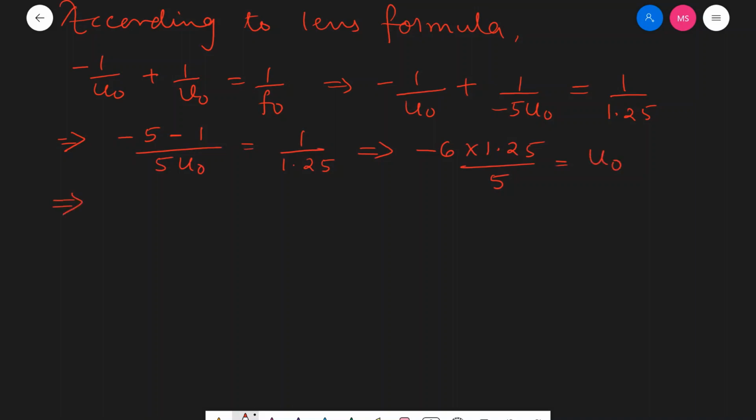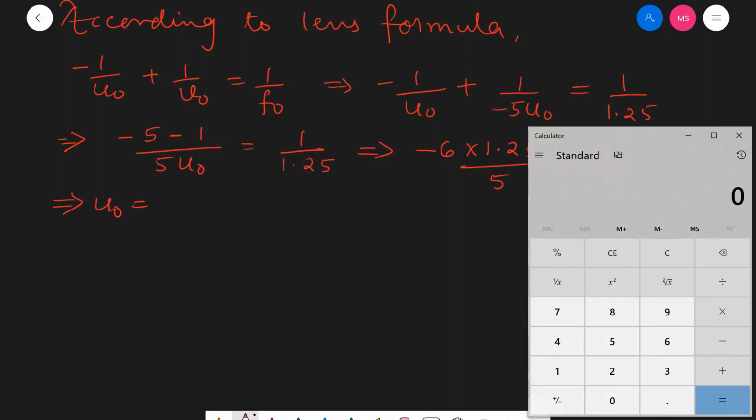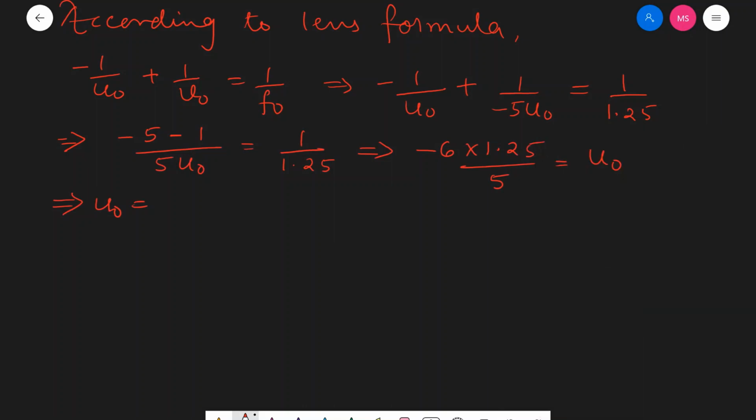So this implies that UO will be equal to 6 into 1.25 divided by 5. So that is 1.5, minus 1.5 centimeter. So you can say that object must be kept at a distance of minus 1.5 centimeter from the objective, or you can say that at a distance of 1.5 centimeter on the left hand side of the objective.